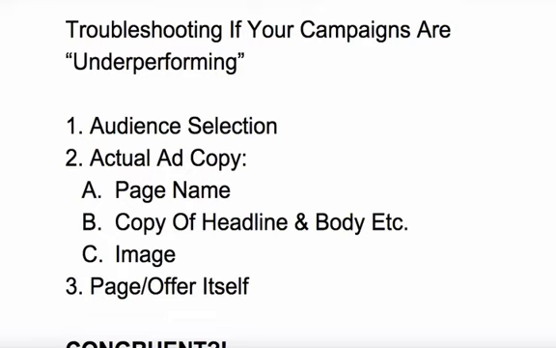So you need to look hard at that and think, is this the right audience for the ad, the post that I've created, and the page or offer itself that I'm sending people to? Are they all congruent, or is there something amiss?